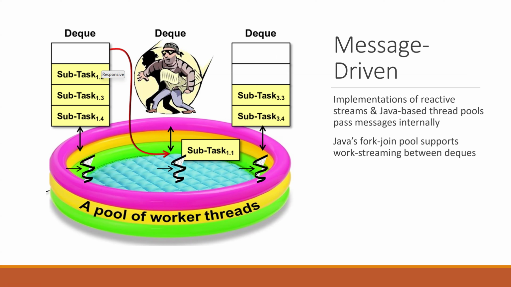Which is really cool, because if you're using a fork and join between the thread pools, you don't have to worry about message passing. It's handled for you. So you don't have to worry about any of that stuff. Like I said before, don't go too crazy on the threads, because it will slow things down.